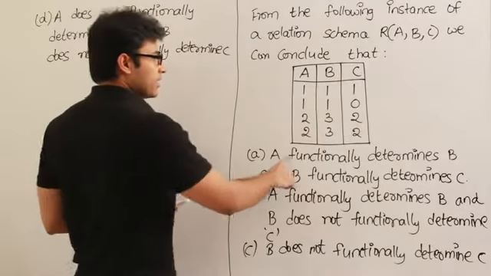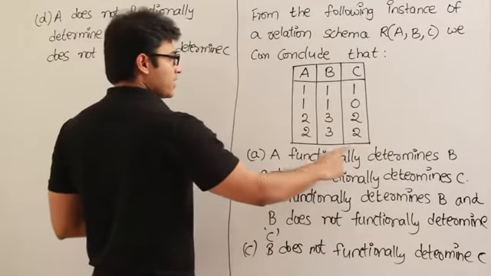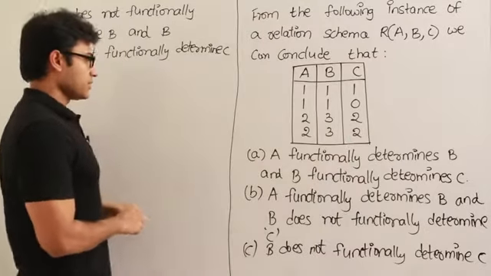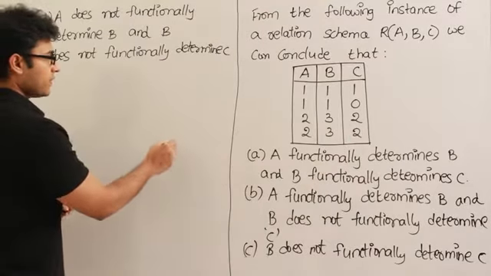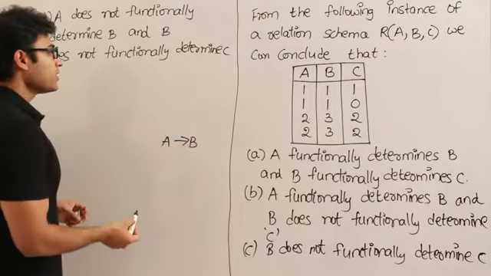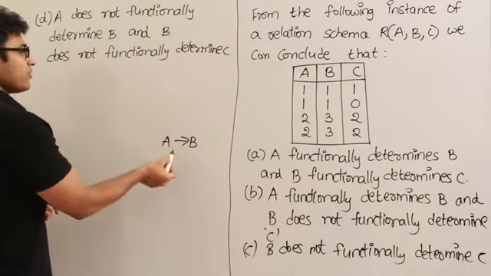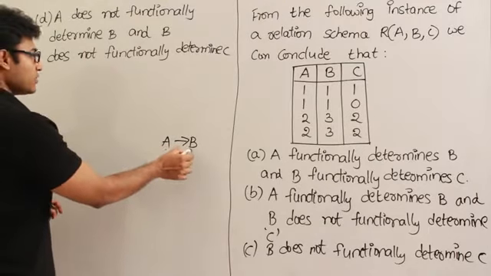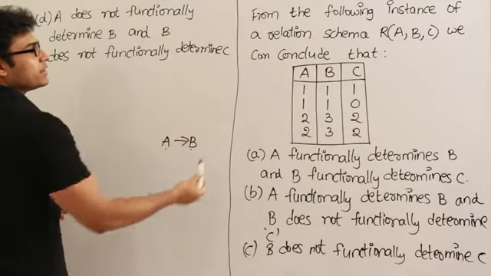They are saying A functionally determines B, which means if you pick this option, they are saying this is true. One thing is we can never conclude that a functional dependency is true based on the instance.